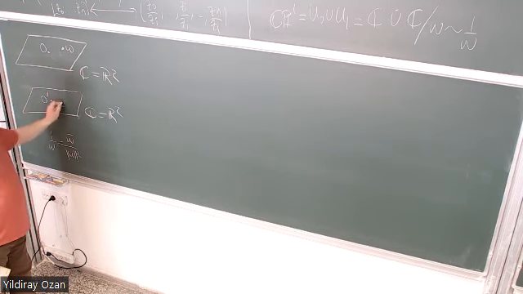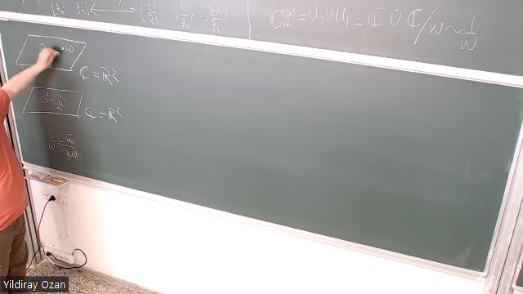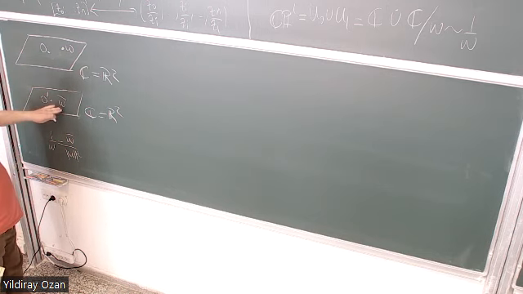So W bar is something like this. All the points here are just identified, except the origins.